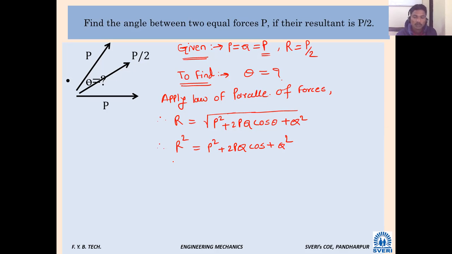Now, what are you going to do now? Now here you are going to put the values of R and Q. R is equal to, what is the value of R? P by 2. And what is the value of Q? What value will we put for Q now? P. Q equal to P. Therefore, so R square, it's not R square, the value of R will be P by 2 now.